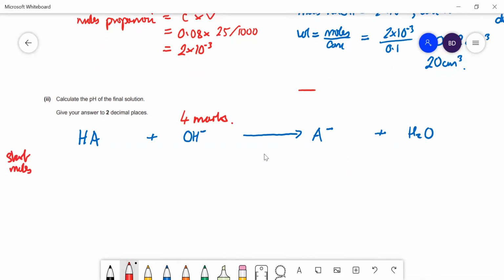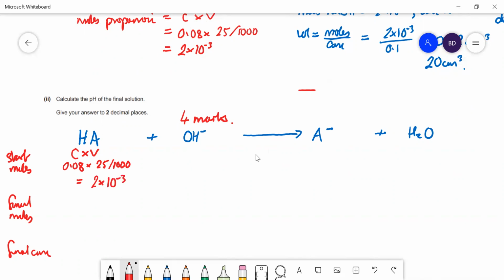I'm going to write down here the start moles of each of these, and the final moles, and the final concentration as well. The start moles of HA is equal to the concentration times the volume, which was 0.08 multiplied by 25 over 1,000. And we worked that out before. That's equal to 2 times 10 to the minus 3 moles.